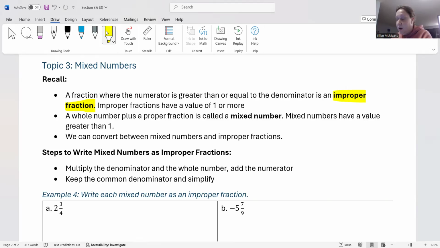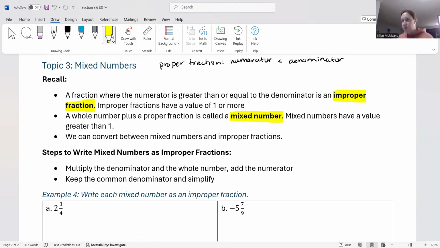Now, if you have a whole number plus a proper fraction, and just really quick, remember a proper fraction is a situation where the numerator is less than the denominator, that's called a mixed number. Mixed numbers have a value greater than 1.